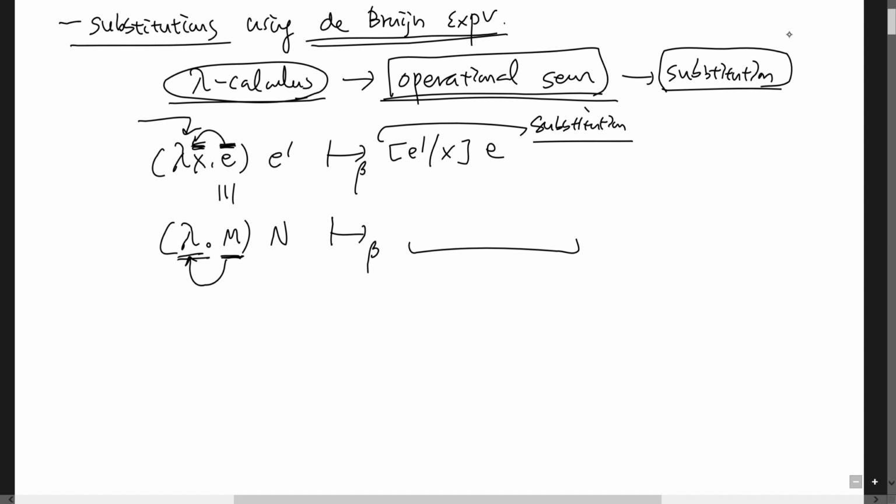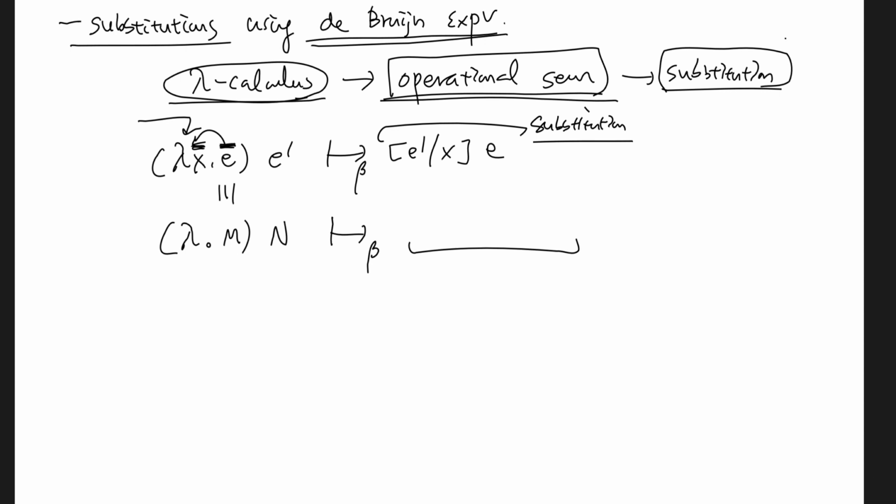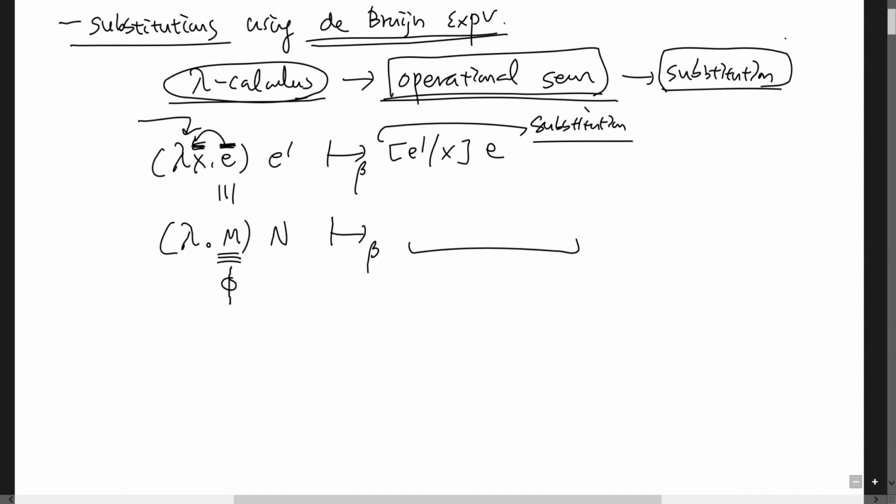And in the case of the de Bruijn expressions, we don't have variables, but instead we have the de Bruijn indexes. So inside this expression M, you have to locate the de Bruijn index 0, which corresponds to this lambda binder. And then you have to replace it with the argument N.